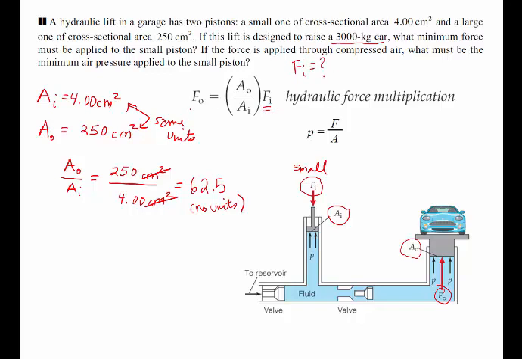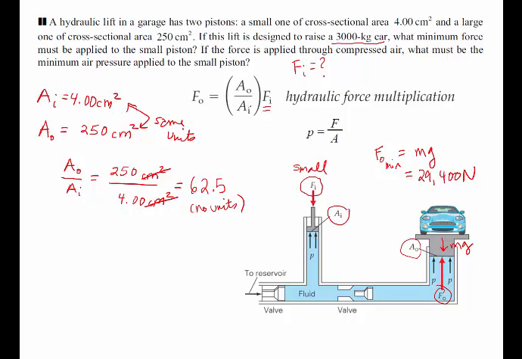We know the minimum force over here for F_o is just enough to balance the weight of my car downward. So F_o minimum is simply mg. 3,000 kilograms times 9.8, and I'll ignore significant figures for right now, gives me 29,400 newtons.